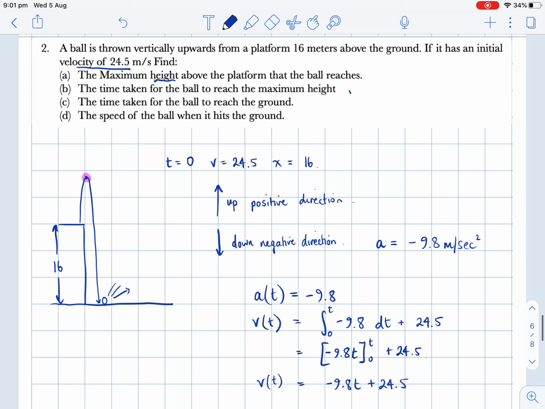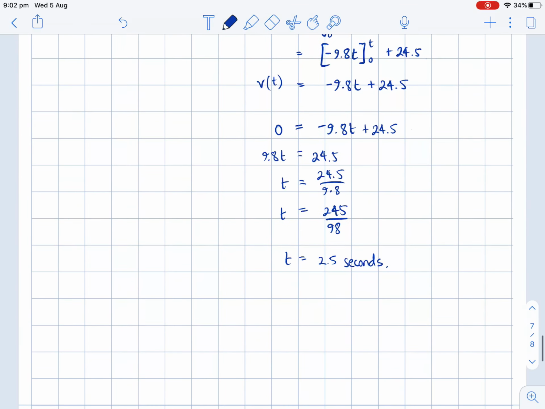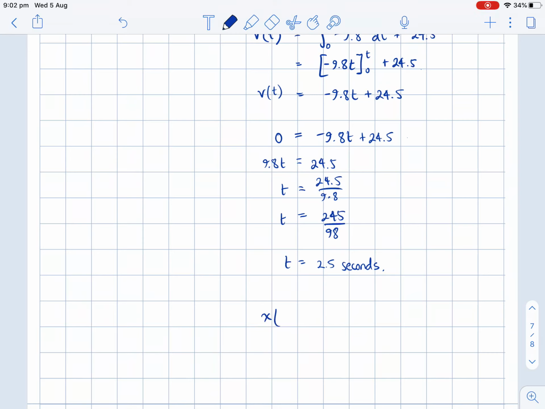So we've actually answered part B before we've answered part A. Now what we've got to do is work out what the height is. And in order to do that, we need an expression for x of t. And to get that expression, we need to know what the antiderivative of negative 9.8t plus 24.5 is with respect to t. And we want to find out what the height is at 2.5.